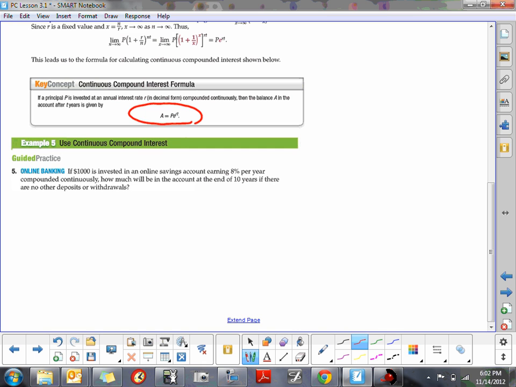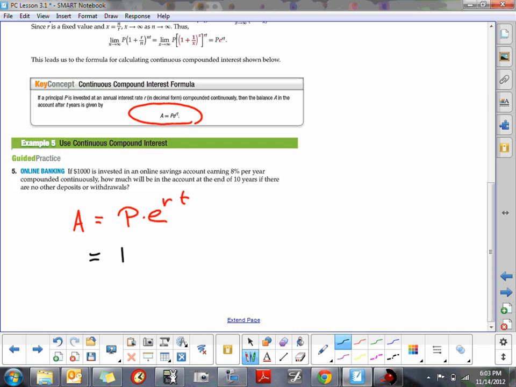So now we're going to take the same problem that we had earlier in video 4. Our formula says we can figure out how much money we have in our account. If we compound interest continuously, now our formula becomes P times e raised to the rt, where r stands for your yearly interest rate, t stands for the amount of time you're going to let it grow, and P is still your principal.